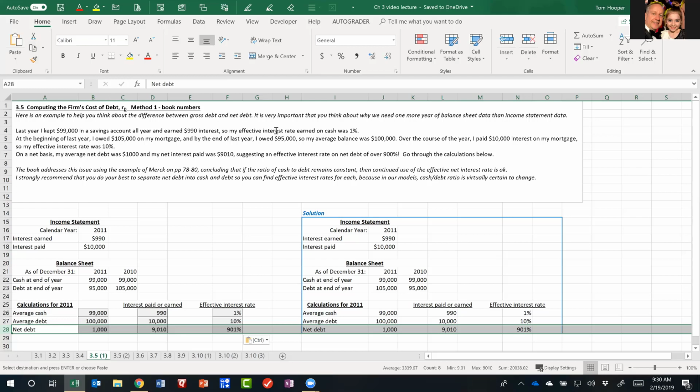Okay, so you found negative net debt, so a positive net cash position. Correct. And then what did you find for interest paid or earned? Let me find that real fast. Let me look at the assignment.